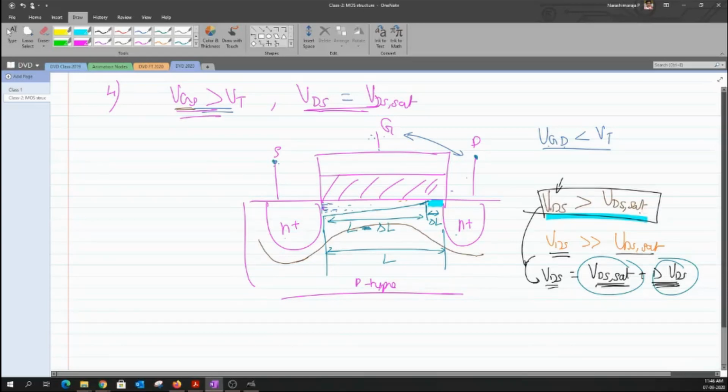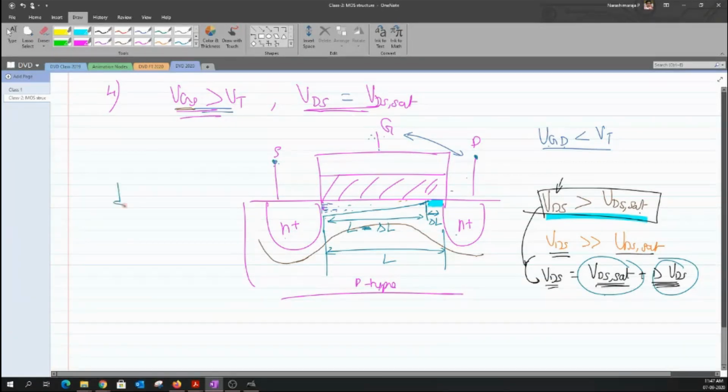How much greater I can represent as VDS sat plus delta VDS. So the value of VDS can be written as VDS sat plus delta VDS. Now I have two components for the expression of VDS. How are these two components mapped onto the channel? Where do these two components appear?